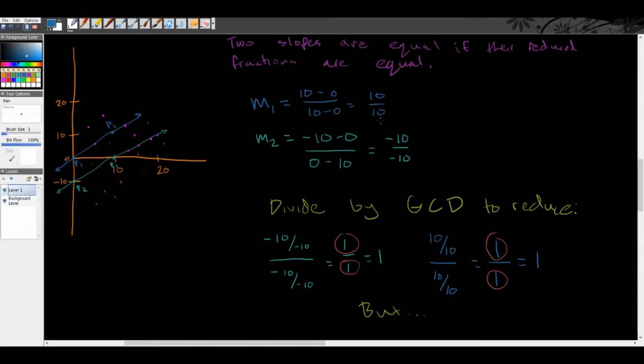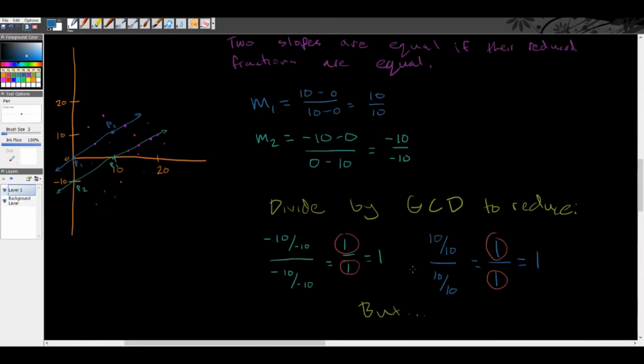So you can see the slopes computed here: 10 minus 0, the difference in y, over 10 minus 0, the difference in x, is 10 over 10, and then the teal line is negative 10 over negative 10. Initially we can't really compare these two because they're different. But if we divide by the GCD and reduce these fractions, we would get 1 over 1, and then 1 over 1.